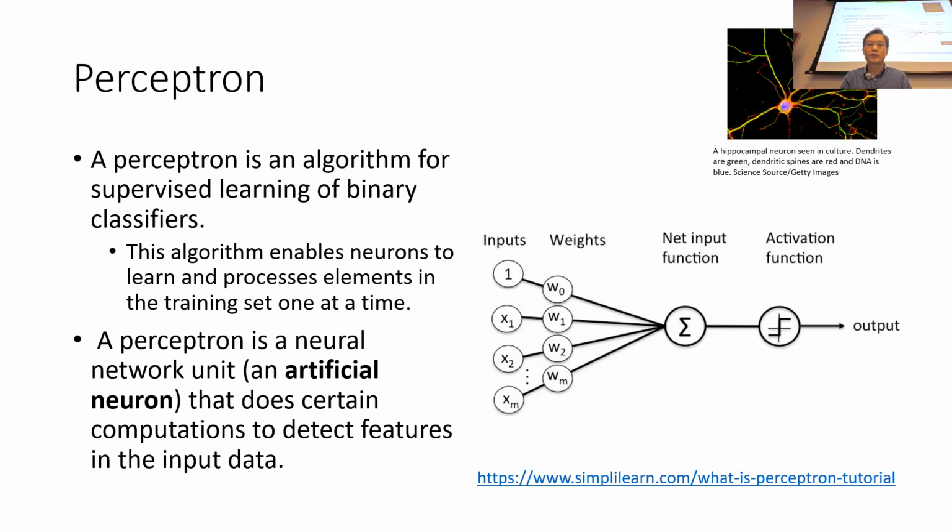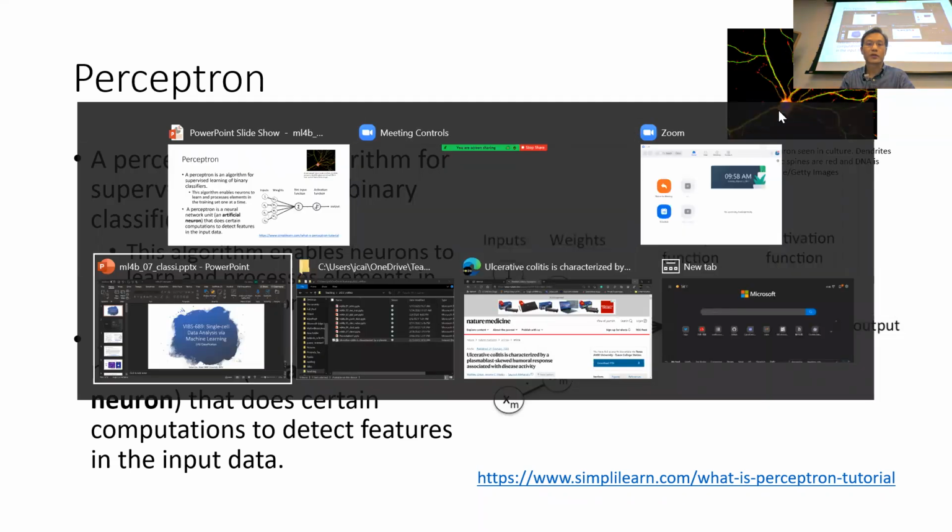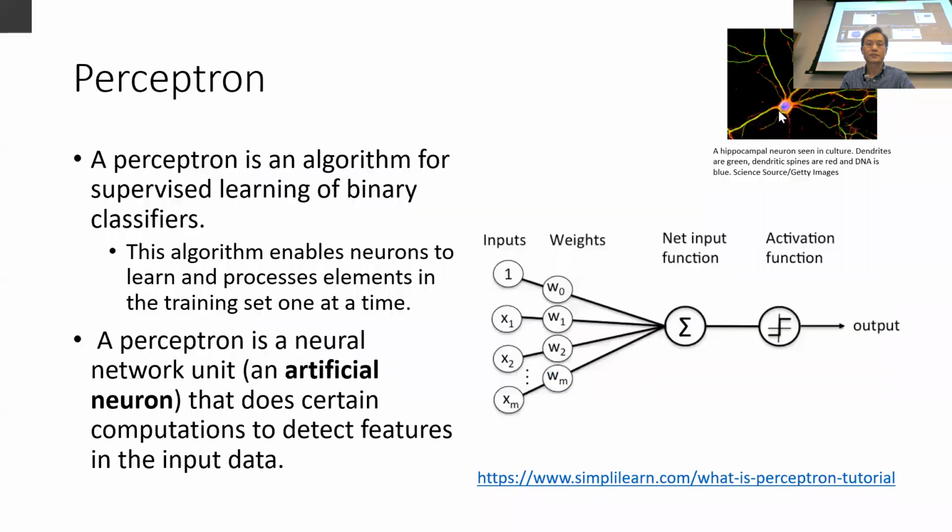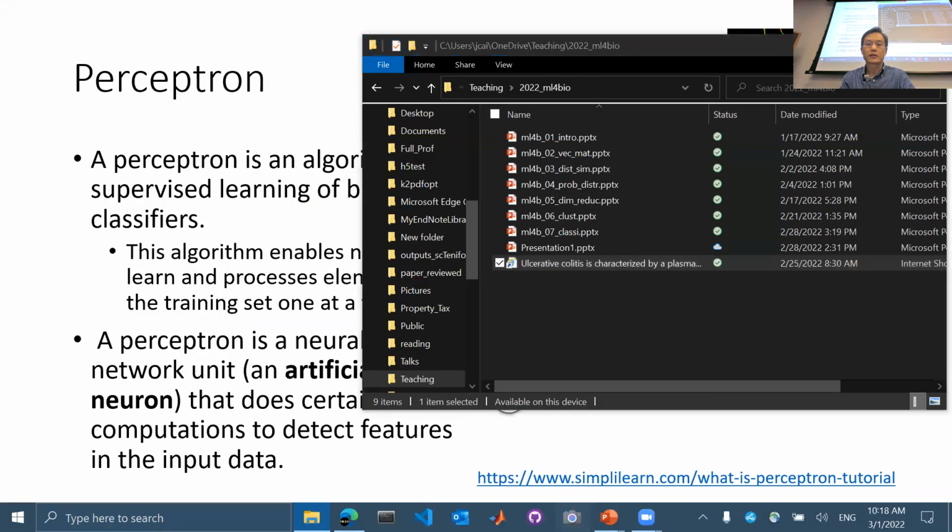I'm going to use a whiteboard, blackboard illustration to do this. You have the same picture in your next slide if you decide to go there directly. So I'm going to draw a neuron.